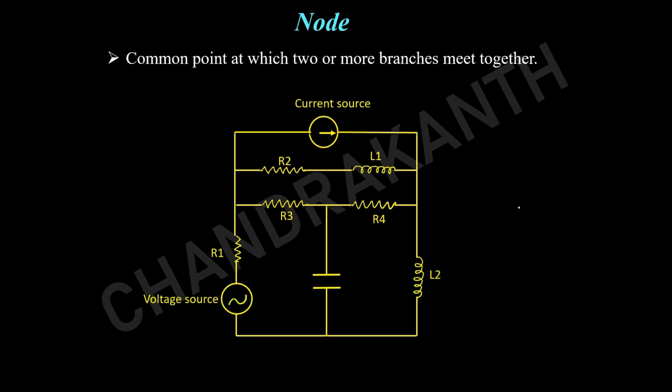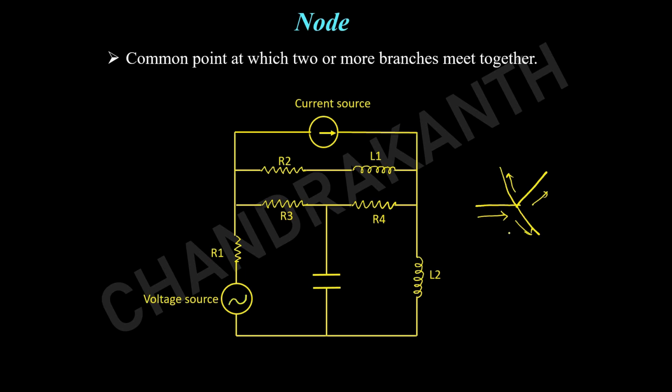A node is a point where several branches are connected. The meaning of this is that from that node there will be a current division. So that means after reaching that point there will be several paths available for the current to flow.